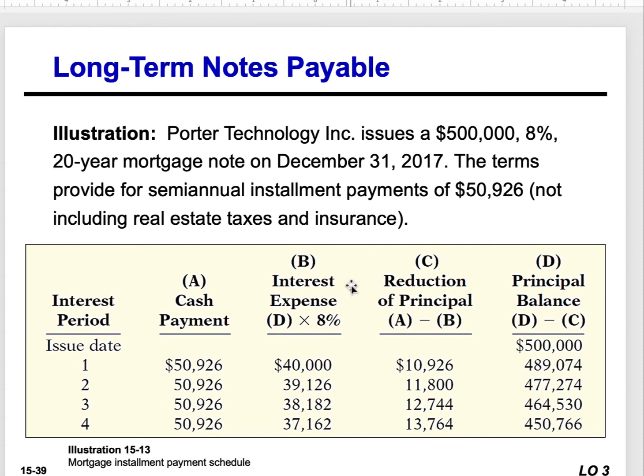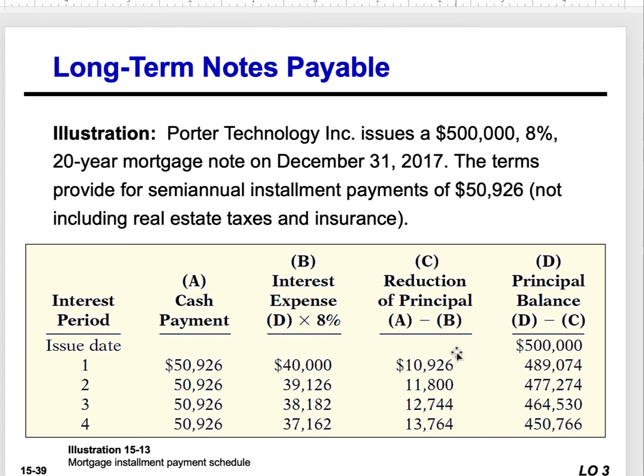We take our payment and subtract out the interest portion, and whatever's left over is the amount of money that goes to reduce the principal balance. And then finally, we have the principal balance column, which is nothing more than column D, principal balance, minus column C, which is the reduction of principal balance.